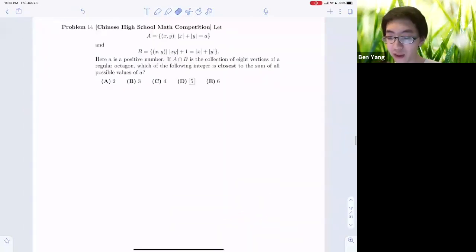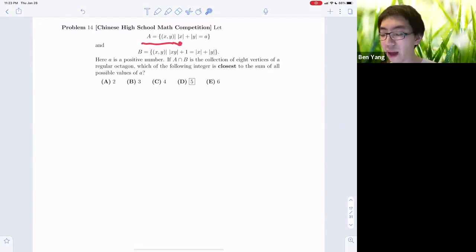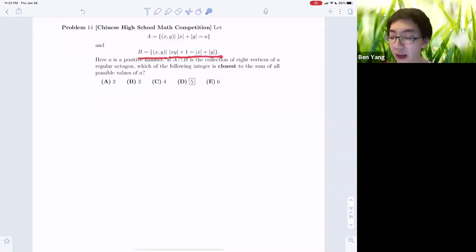Question 14. So we have two sets of points. Set A is given by points x, y that satisfy the absolute value of x plus absolute value of y is equal to A. And set B is about all points x, y such that the absolute value of x times y plus 1 is equal to the absolute value of x plus absolute value of y.